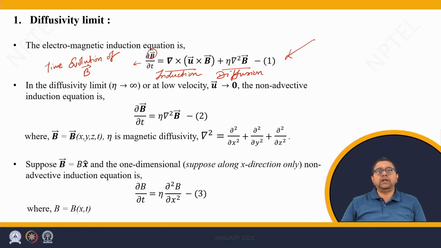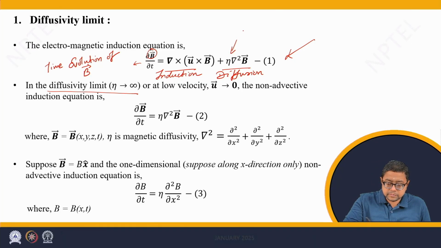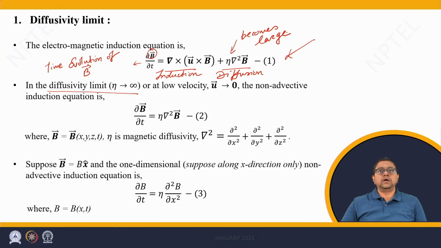Now, in general, these two processes occur simultaneously, but in the diffusivity limit, when eta tends to infinity, the second term dominates. Also, if the velocity is very low, that means slowly moving dynamics of the fluid flow, then also the first term becomes very small.